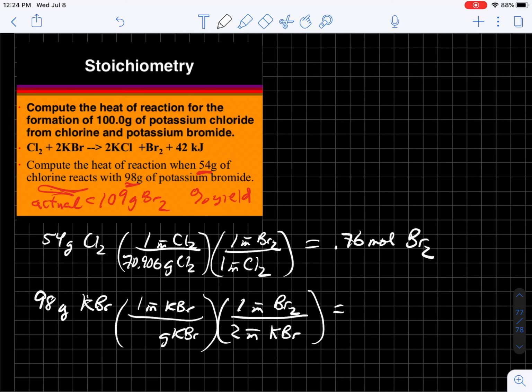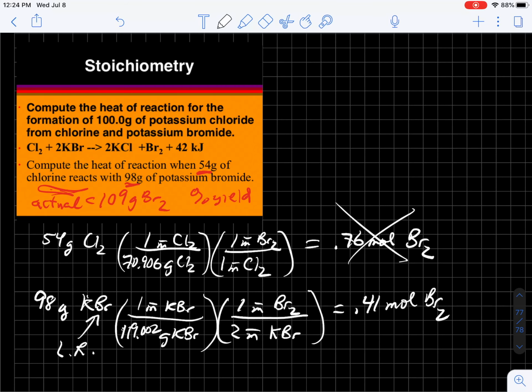And I'm going to add it to bromine, which is 79.904. That gives me a total mass of 119.002. So we do 98 divided by 119.002 divided by 2, and we get 0.41 moles.